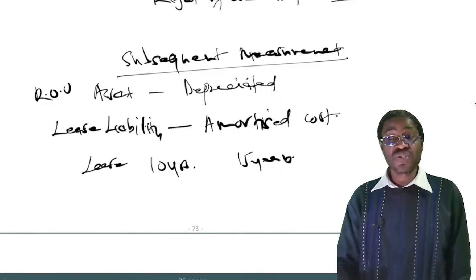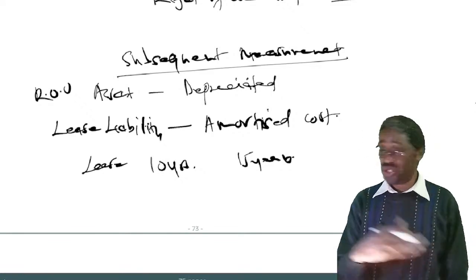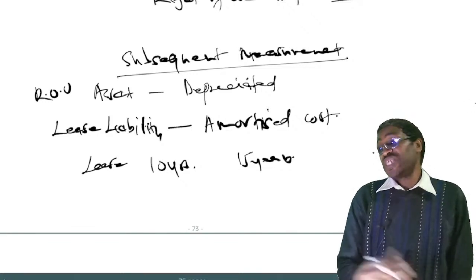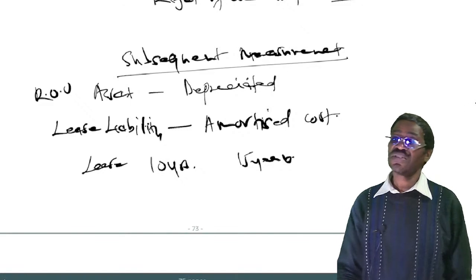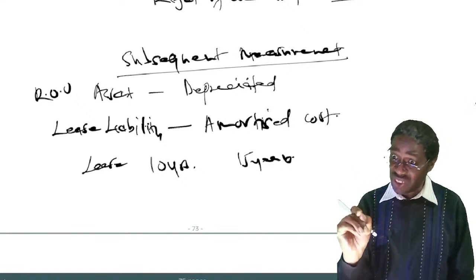In some questions, the lease period is not the same as the useful life. In some questions, the two are the same. But in some questions, you are told that we are leasing the machine for 10 years, but the useful life is 15 years. So how do you depreciate that asset?